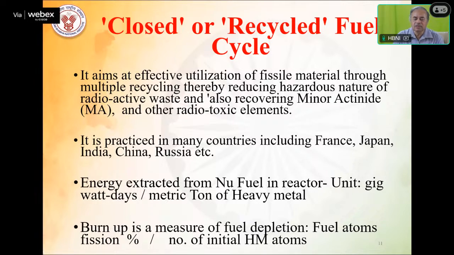So in this closed fuel cycle, apart from recovery of plutonium and uranium from the spent fuel, we try to recover those radioactive elements also, like cesium, strontium, and so on. We will see in the subsequent slide, so that they can be used for various purposes. So that is the advantage of closed fuel cycle.